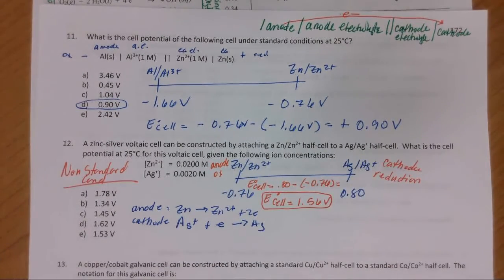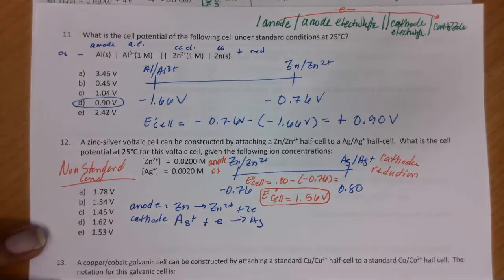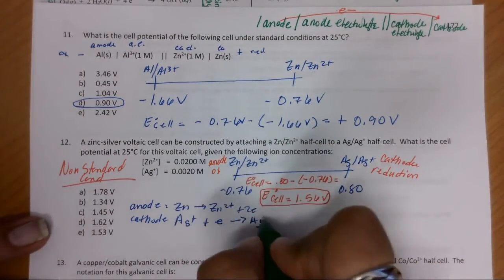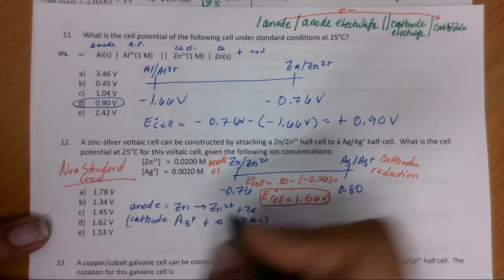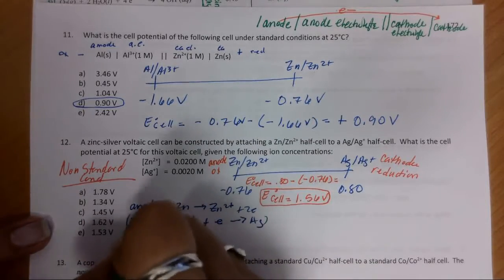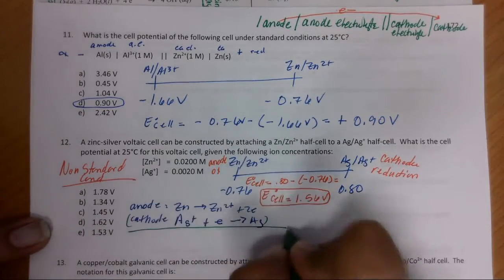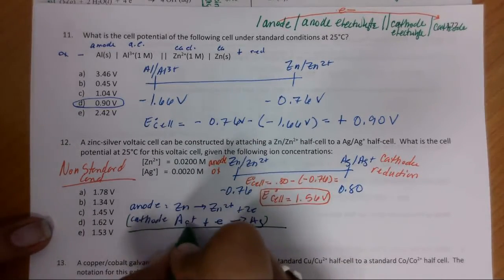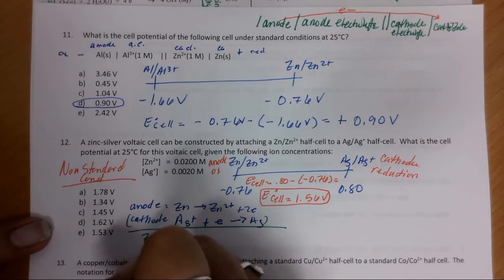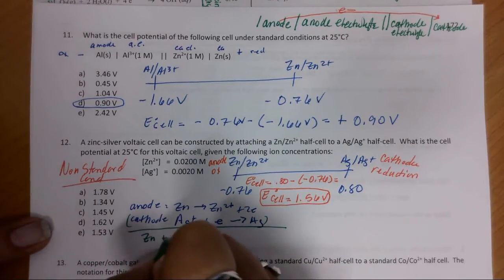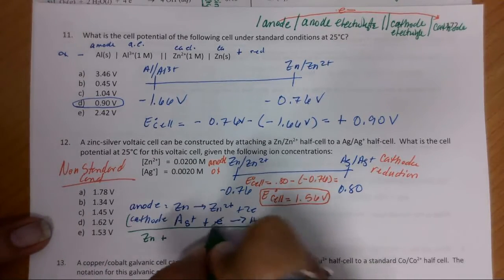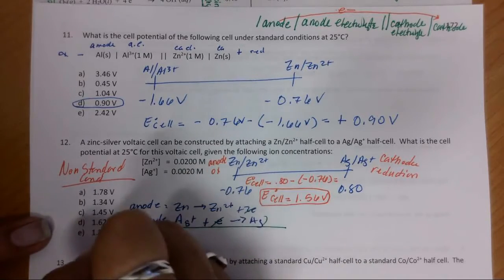Okay, so when we do this, we're going to have to equalize the electrons here, because I've got 2 here and 1 here. I'm going to leave the zinc, and I have to multiply the silver one by 2 so I can get rid of this.